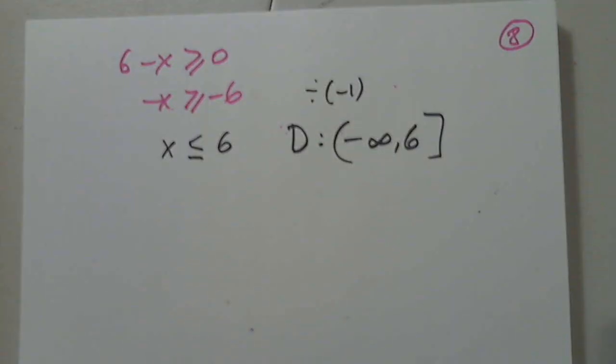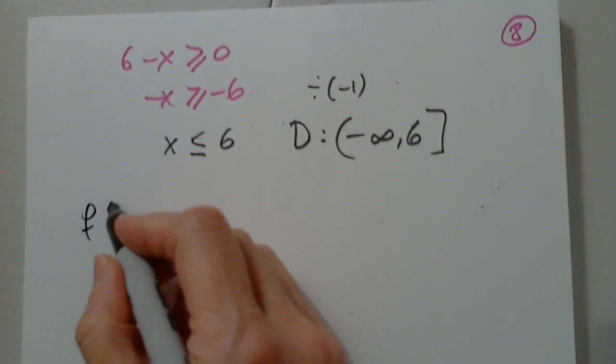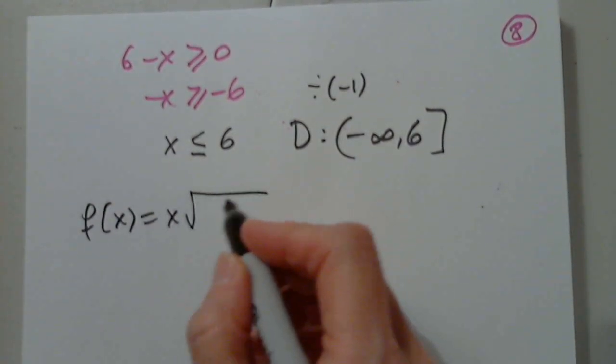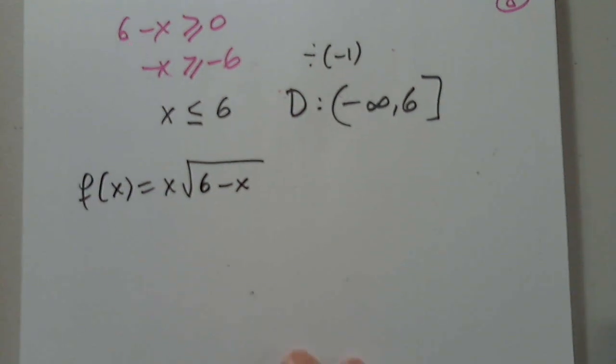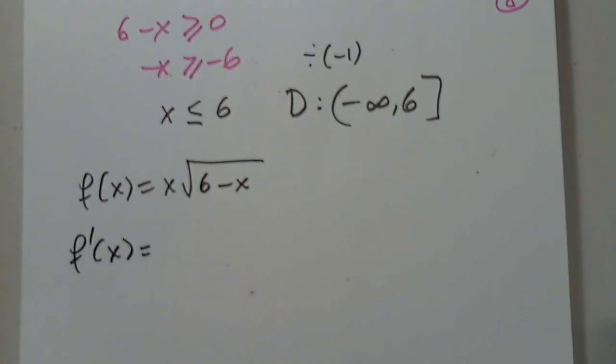Good. So stop me if you have any questions. I'm going to copy x, the square root of 6 minus x. Perfect. Which rule applies here?